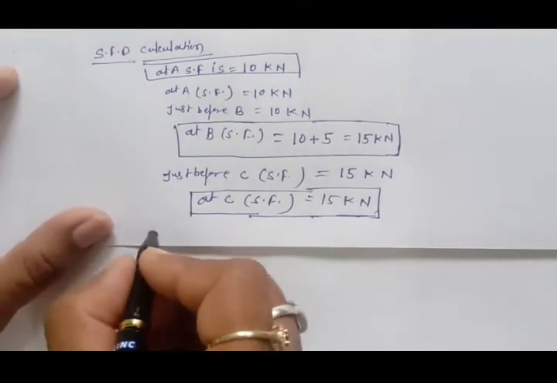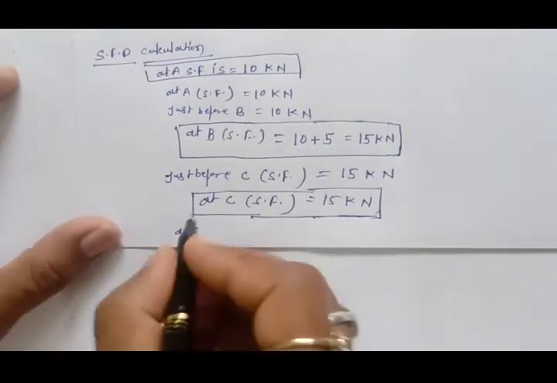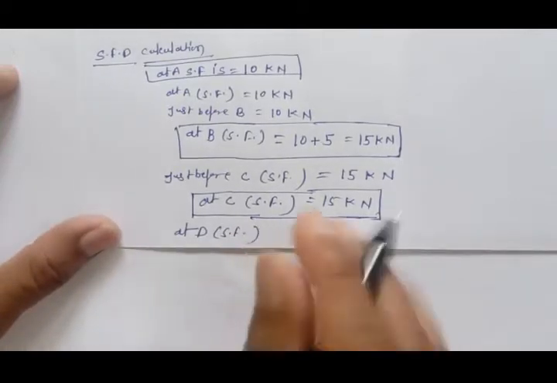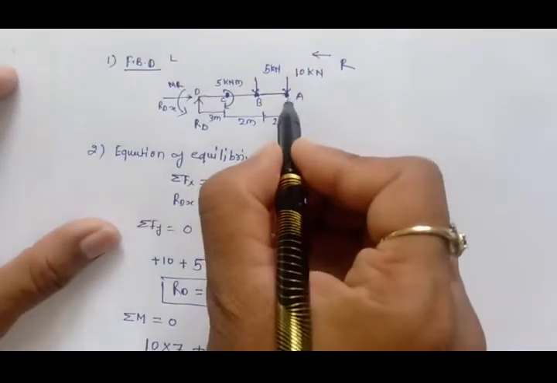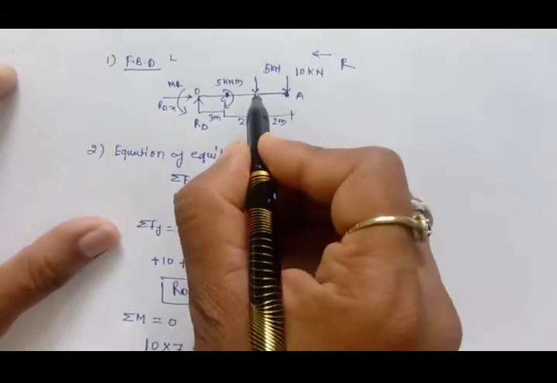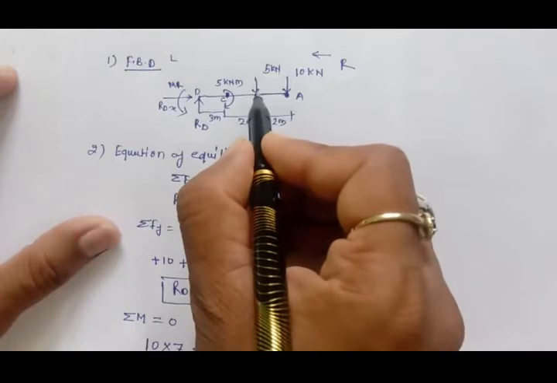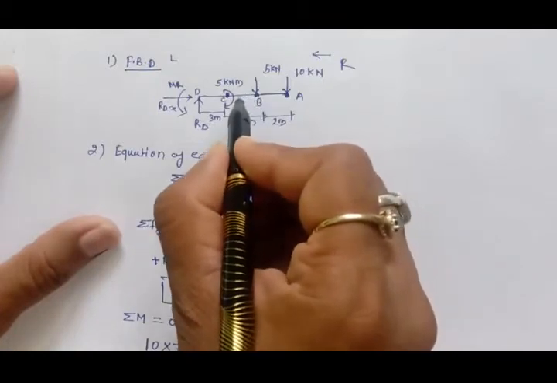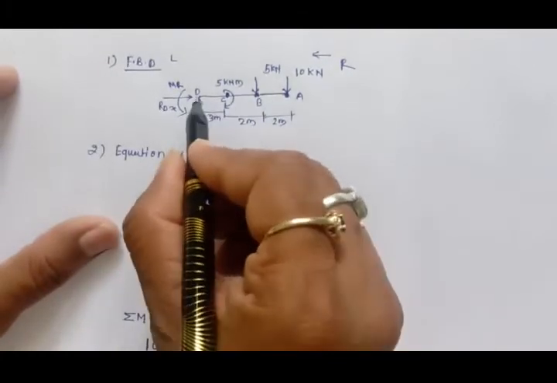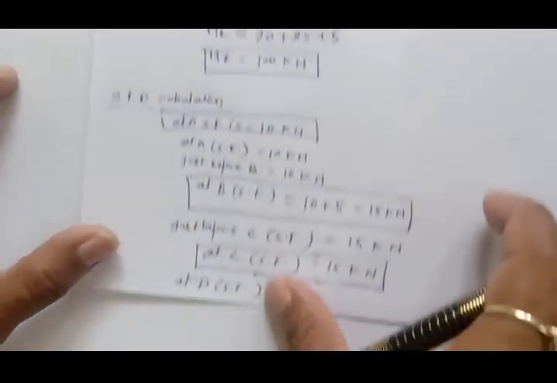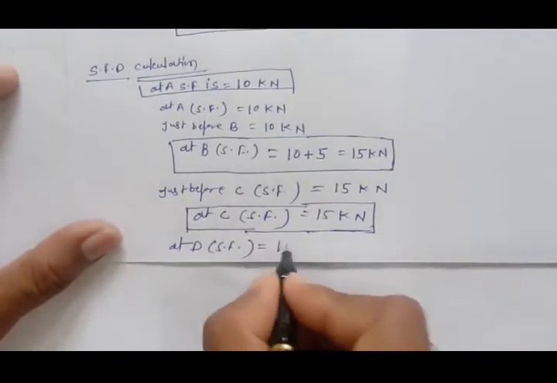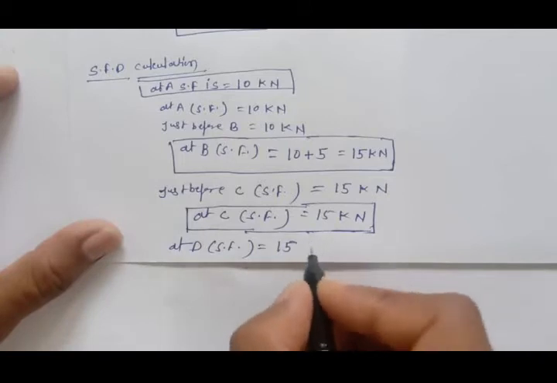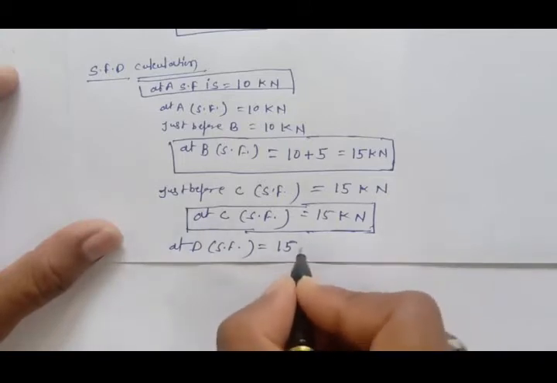This is very important. Now at D, the shear force will be, when we are moving from A to B it's 10, then at B it becomes 15, and it's constantly moving because no other vertical forces are there up to D. So only the 15 will be there, which is positive because downward, and at D, RD is there, which is upward.